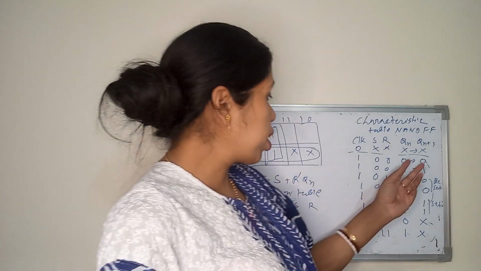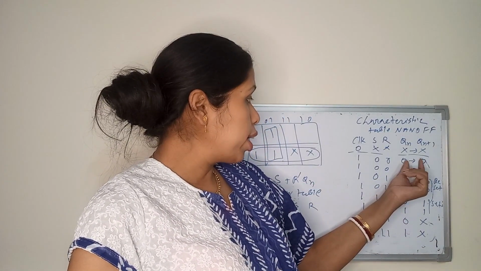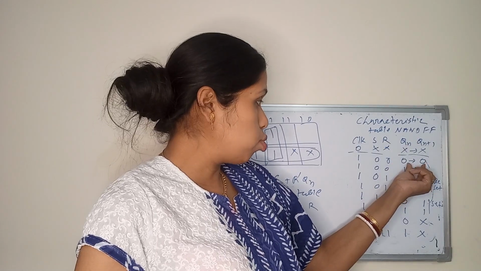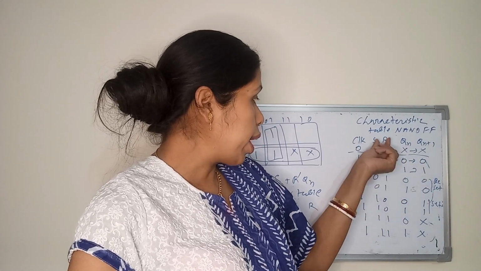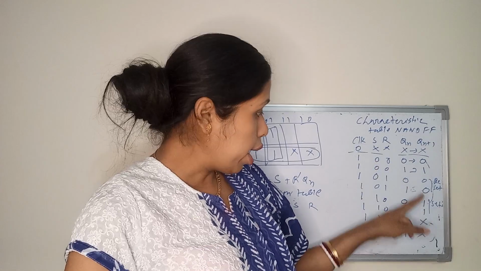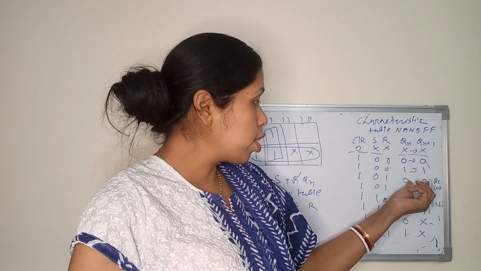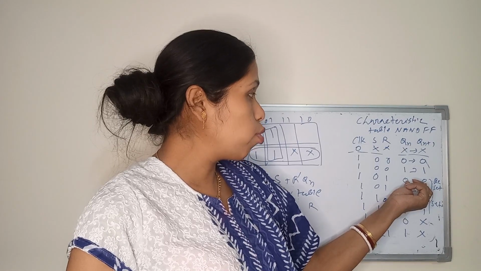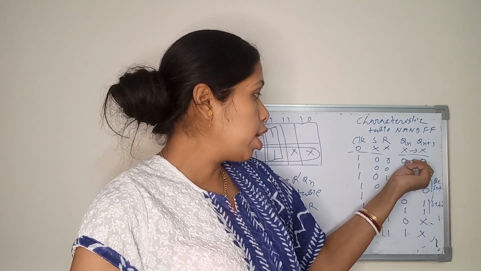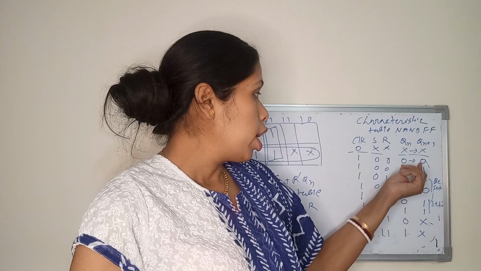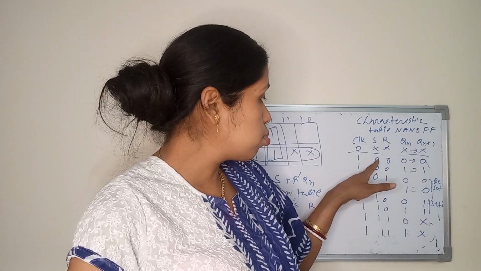Now you can see the truth table. So my Qn and Qn plus 1 is 0 0. If this is 0 0, I will see where any more 0 0s are there or not. Now you can see here also Qn plus 1 is 0 0, here also 0 0, here also 0 0. So then what is the difference?